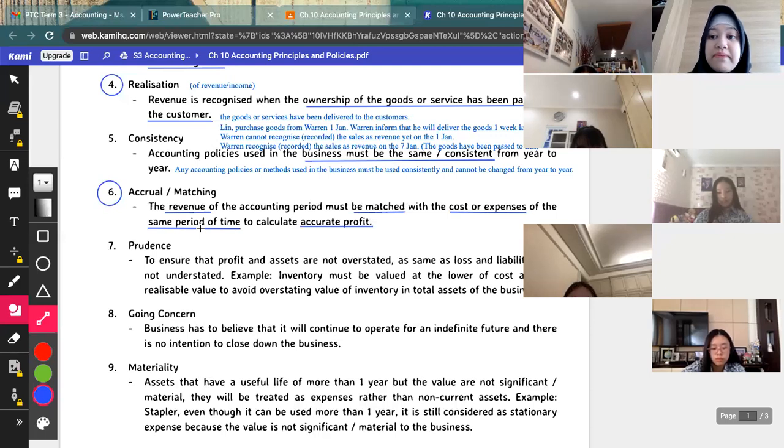The concept of accrual and matching is that sometimes the income and expenses we pay or receive are not for the full accounting period. It may be more, it may be less. Our job is to match it, to adjust it. Clear enough? Does that make sense to you?